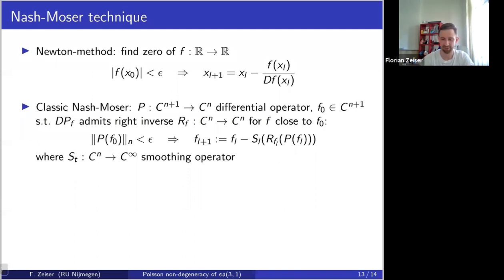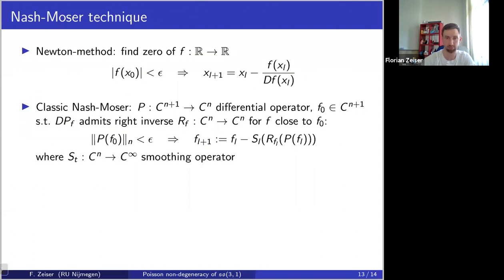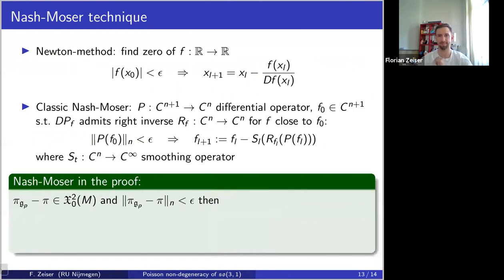Based on this Nash-Moser technique, Conn already used it in the setting of linearization of Poisson structures. And the way we use it is now the following. We recall from the part before that this pi here should be seen as the pi tilde, so we are just focusing on the second step. This pi has the same infinity jet at 0 as the linear Poisson structure.